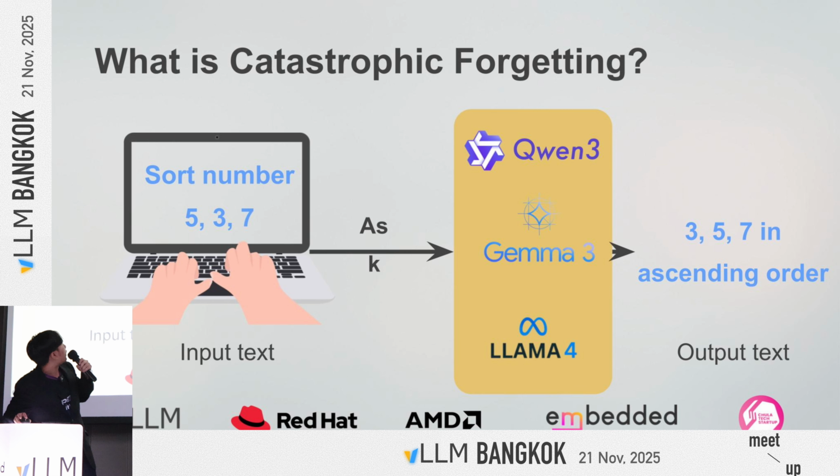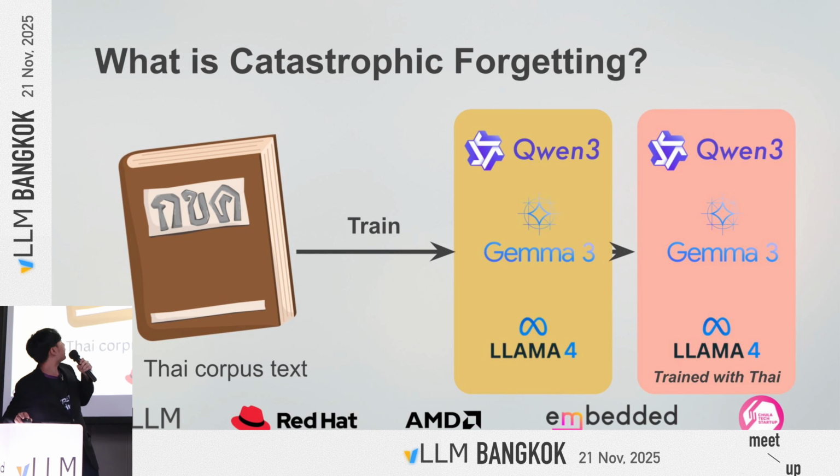So, what is catastrophic forgetting? Properly, if you ask the model, it should answer properly. But when I train an open source model with a Thai corpus, it is now trained with Thai.